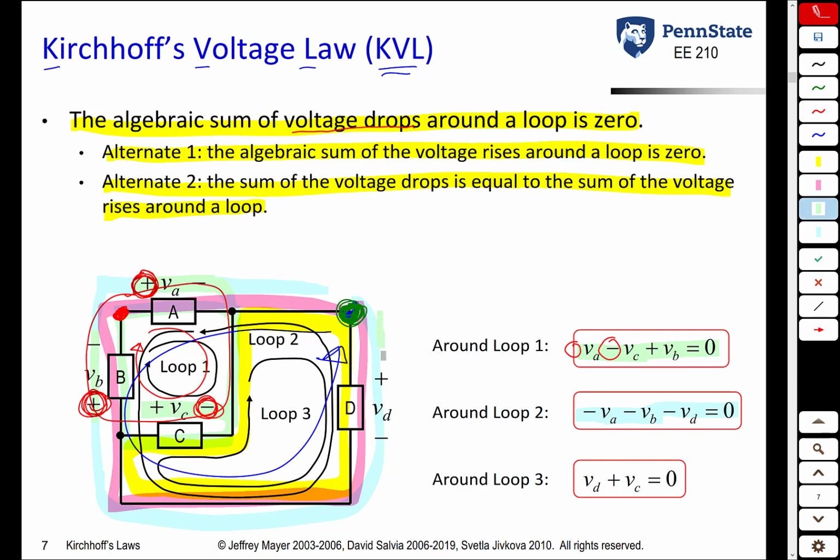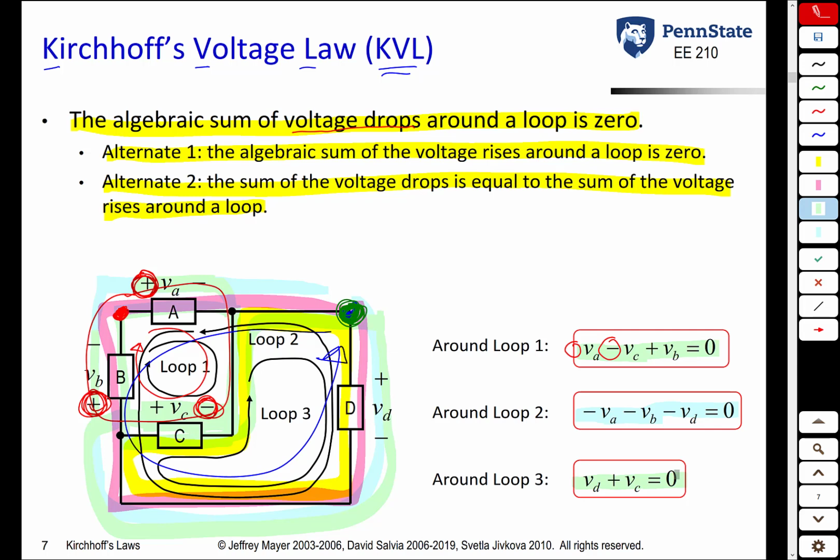So I go through component D, I hit the plus first, I get a voltage drop of VD volts. Then I come around here, the only other component I hit is VC. Once again, I get a drop of VC volts before I get up to the starting point. You get VD plus VC is equal to 0.